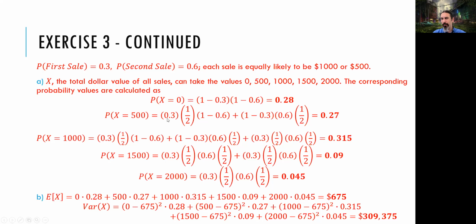I prefer to sell to the first one, let's say. So 0.3 times 1/2. Why? Because I'm picking the normal encyclopedia. The sale has happened, and the second sale hasn't gone through, 1 minus 0.6. Or the first sale hasn't gone through, the second sale happened, and this is picking the normal encyclopedia. So this one is a total of 0.27 probability.